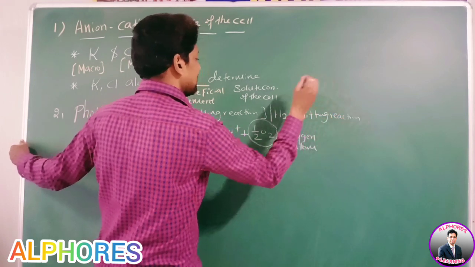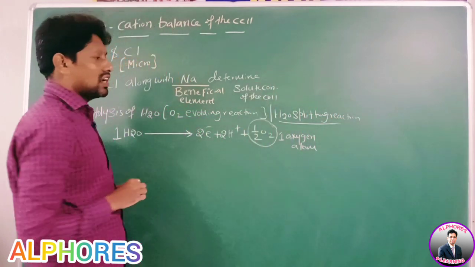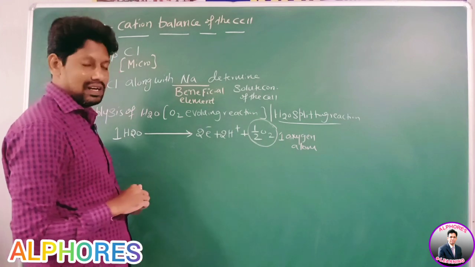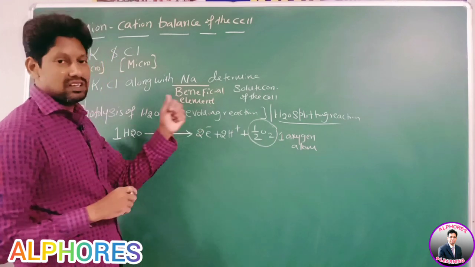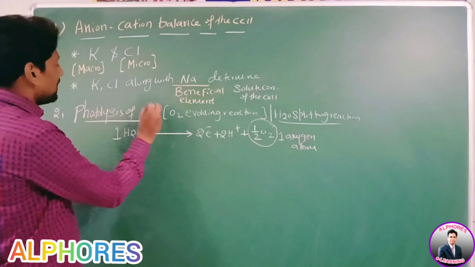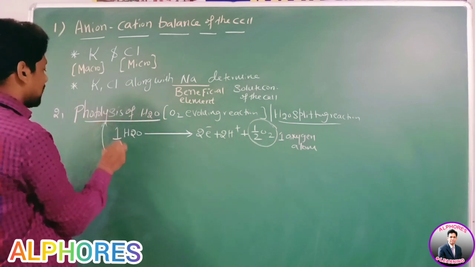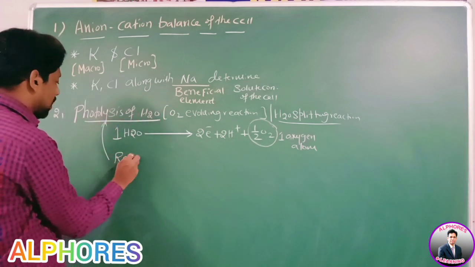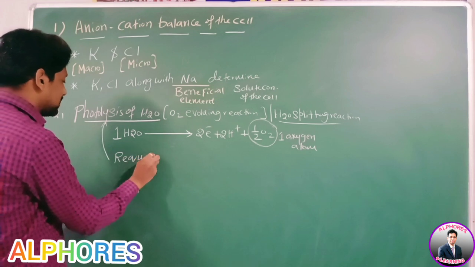Therefore, photolysis of water is the oxygen evolving reaction, or water splitting reaction. This photolysis of water requires one complex. What is that complex?